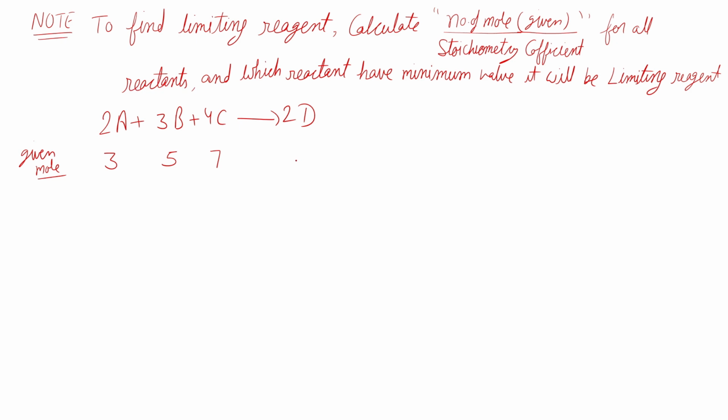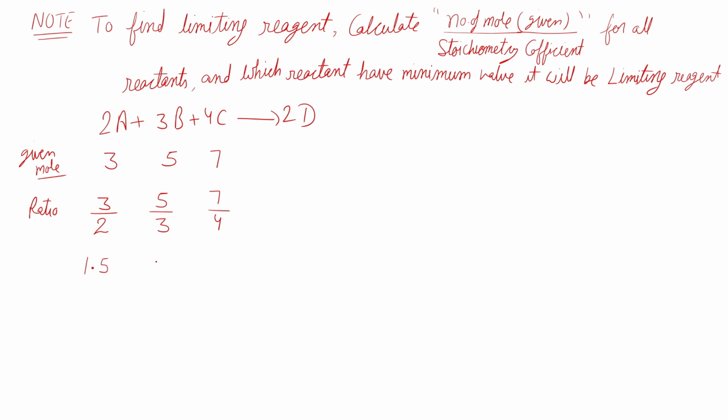Now tell me which one is the limiting reagent directly. So as I told you, we will find the ratio, that is number of moles divided by the stoichiometry coefficient. Now we have to solve this.